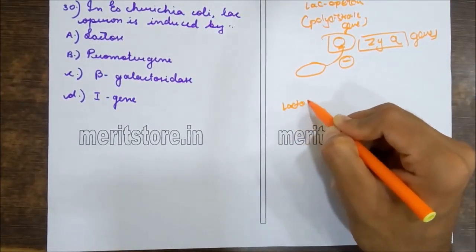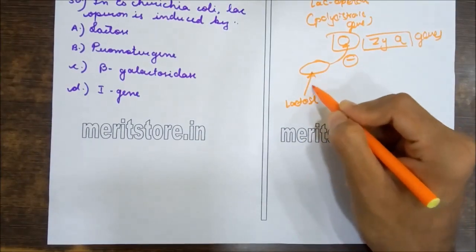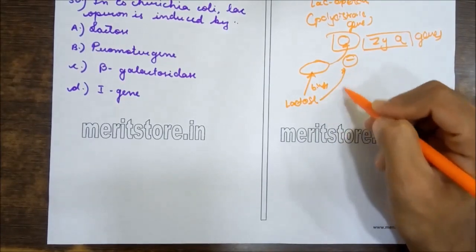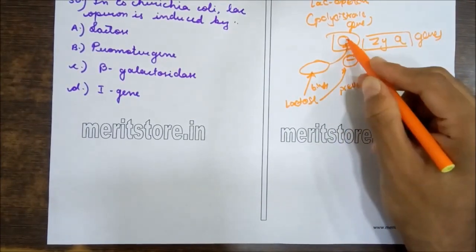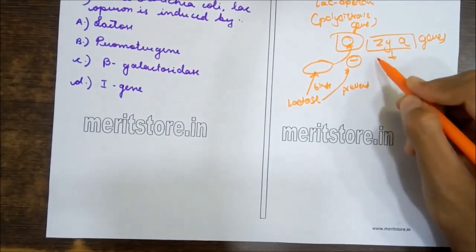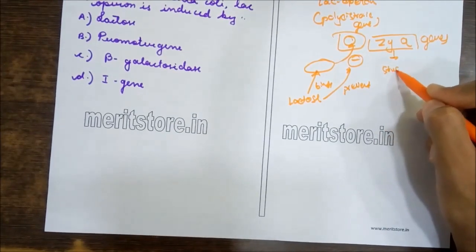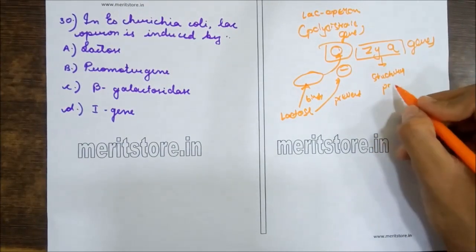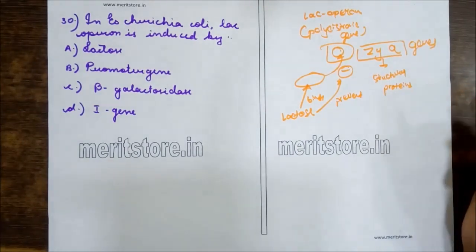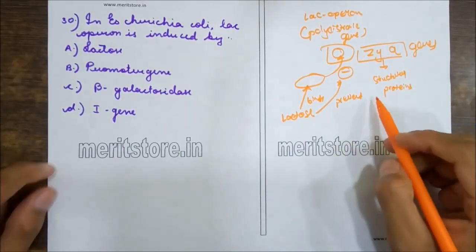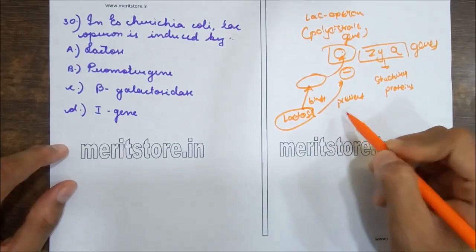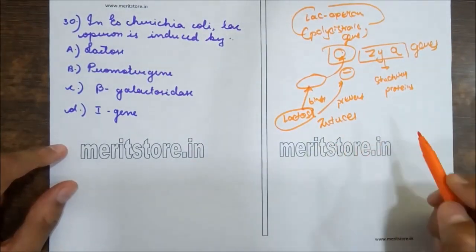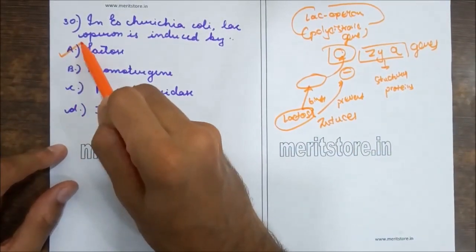But lactose binds to this repressor and thus prevents the inhibition of the operator gene, which results in the synthesis of structural proteins. So lactose acts as an inducer for the lac operon. So the correct option is option A, lactose.